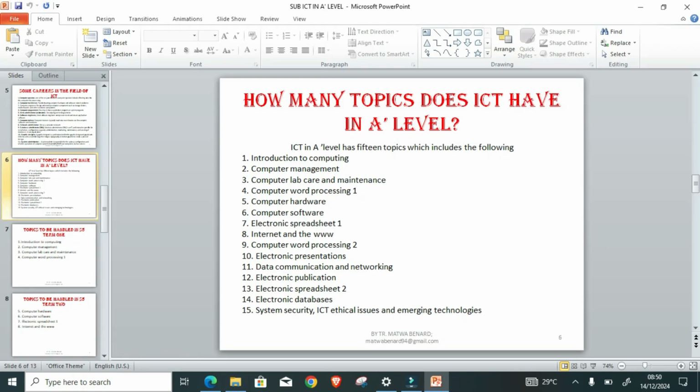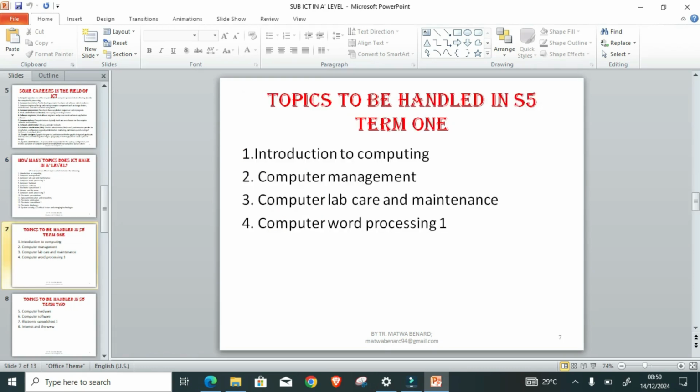So when we talk about these topics, it doesn't mean it's just bare like that. These topics have subtopics inside which a learner is supposed to handle. For this case, let me begin with senior 5 term 1.